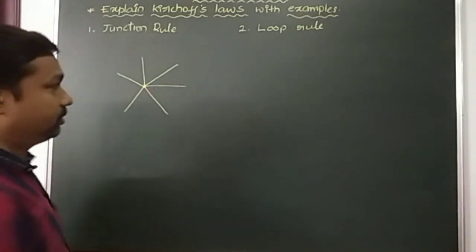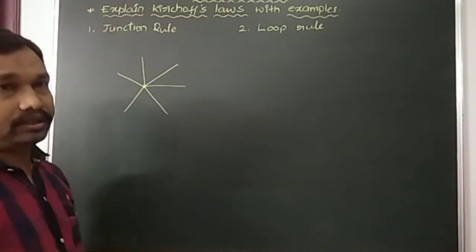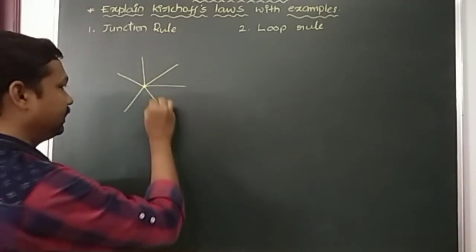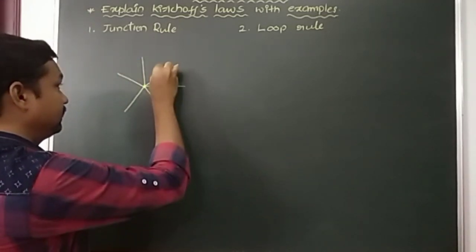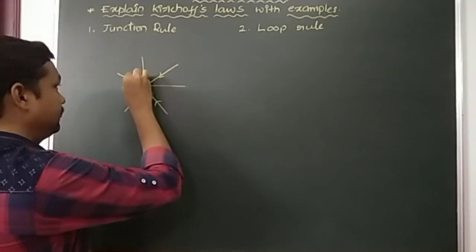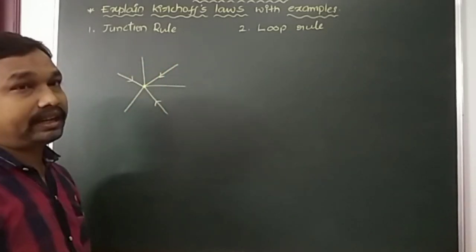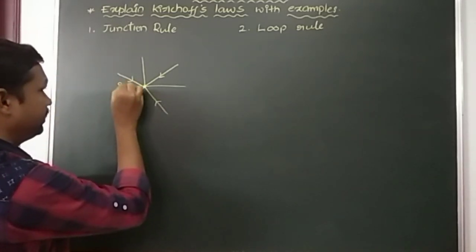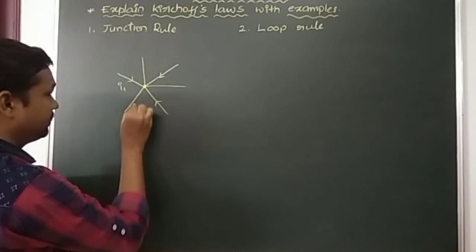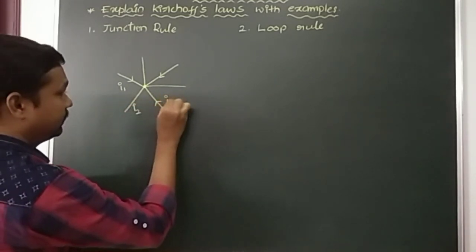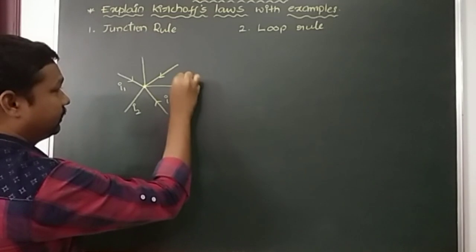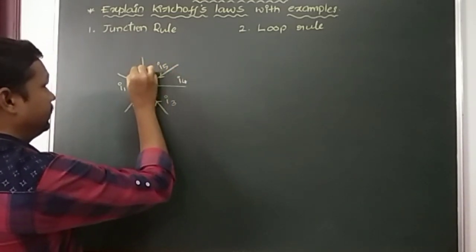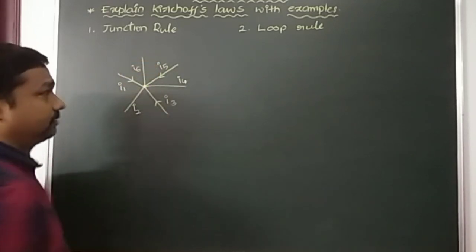Okay, let us suppose some of the wires are carrying current towards the point. Let us suppose I am considering this and this, which are carrying current towards the junction point. Let it be, I am taking it as I1, this is I2, this is I3, I4, I5 and I6.